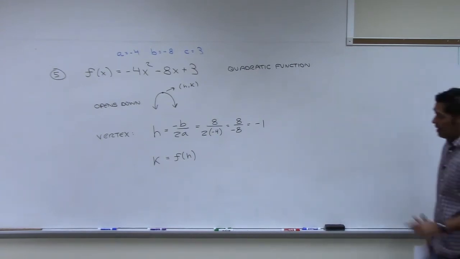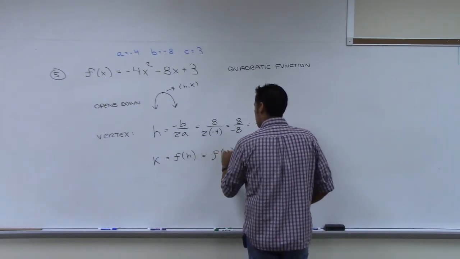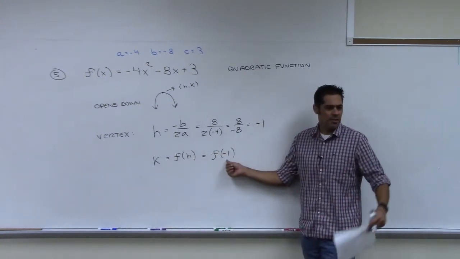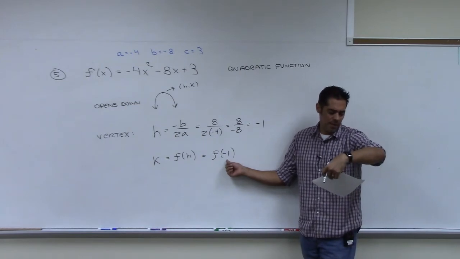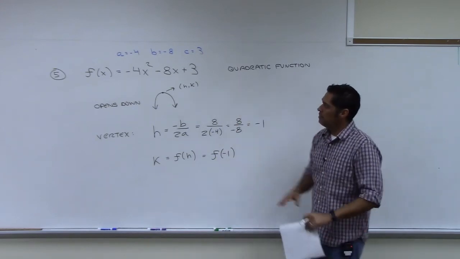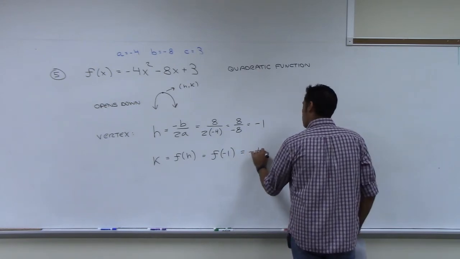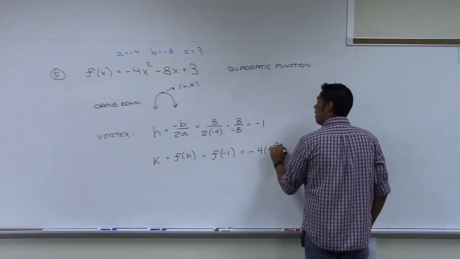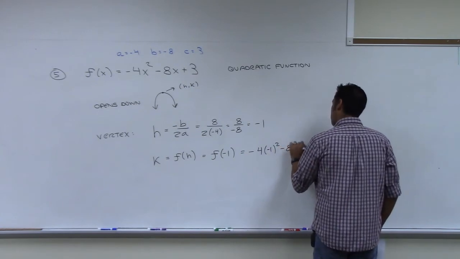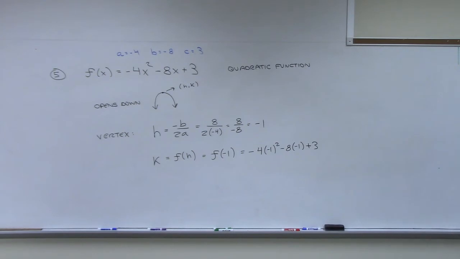So to get k, what I'm going to need to do is take negative 1 and plug it into the function. Now I'm asking you a problem, this is almost like number 2 part B. I'm just asking you to plug a number into a function. But that's our function. So how about this: negative 4 times negative 1 squared minus 8 times negative 1 plus 3, replacing all the x's with negative 1s.